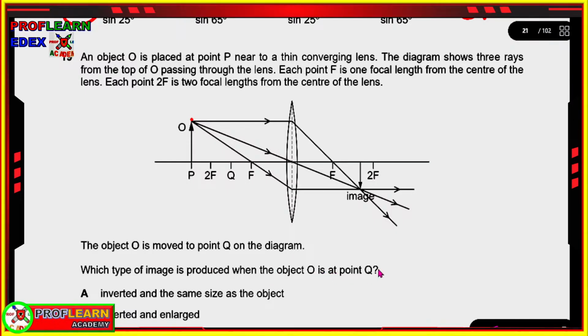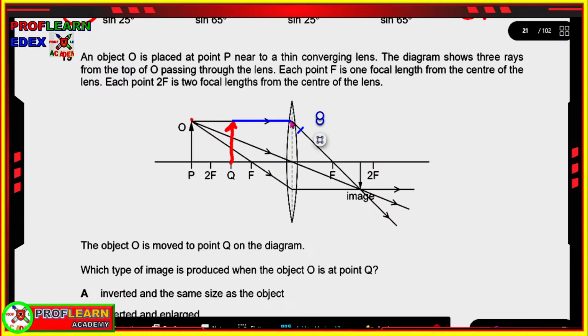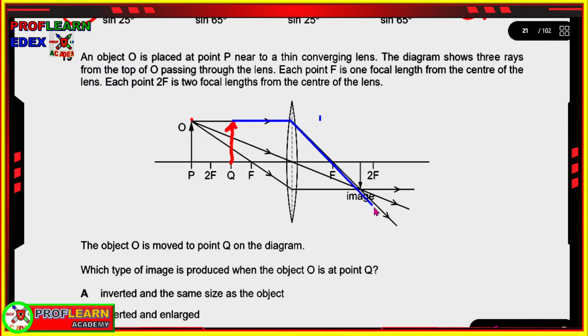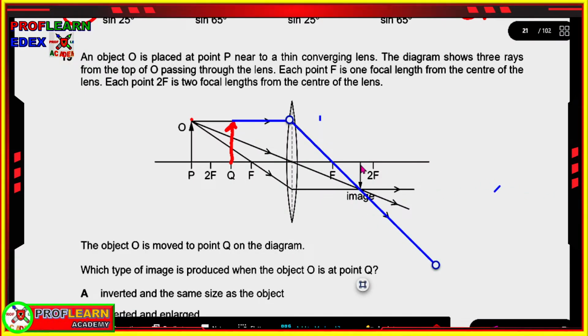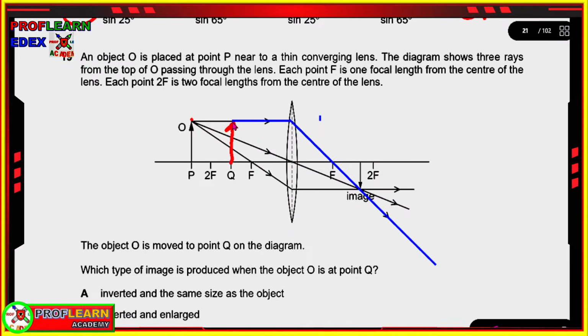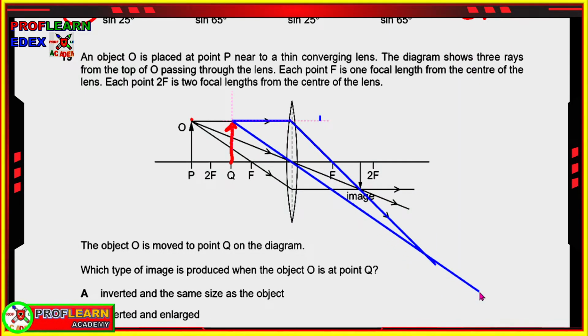The object is at point Q. So first, I'll draw my object at this given point. Something we need to remember whenever we are drawing a ray diagram: one of the lines will pass parallel to the principal axis, and it will pass through F. The second line that can be used to draw this image runs from the object through the center of the lens.